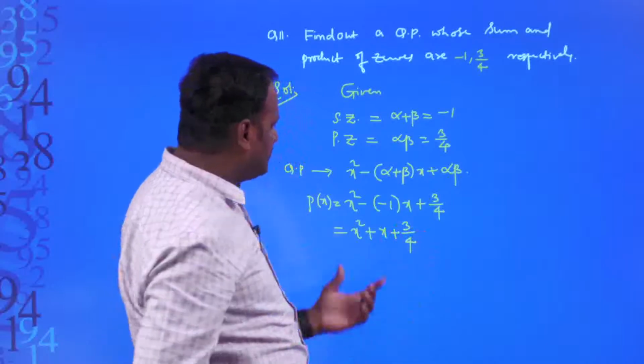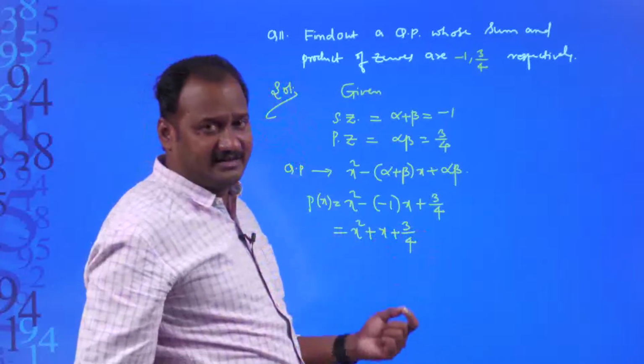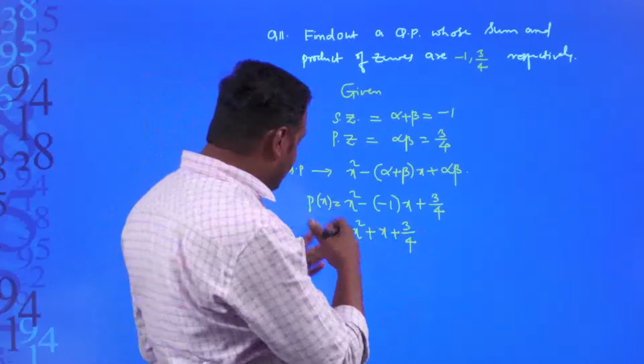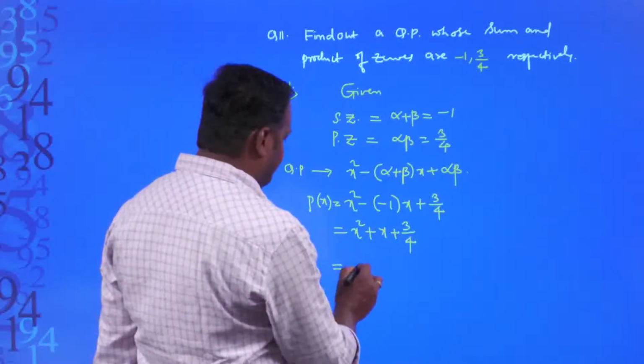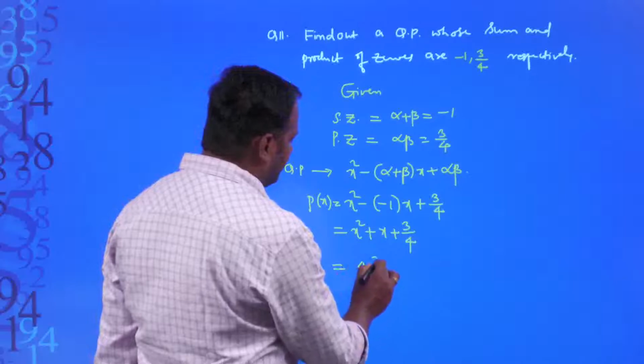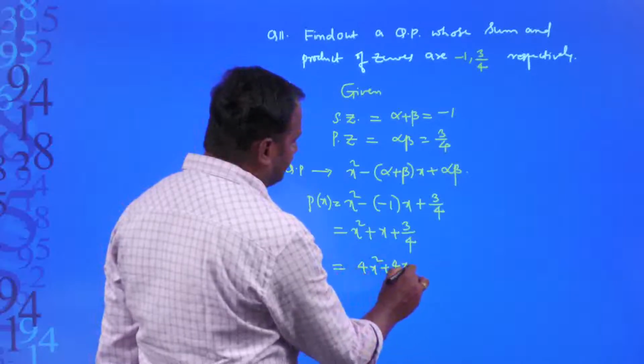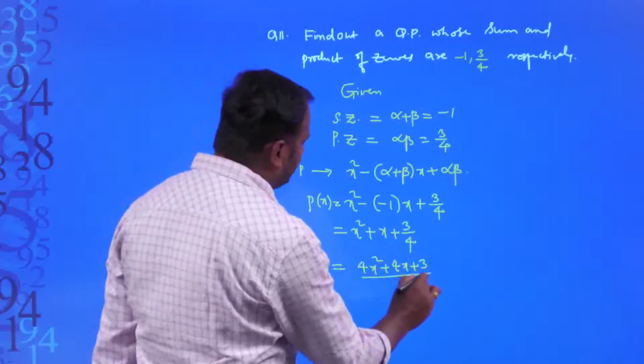Suppose you don't want fractions in the polynomial so obtained, then you take the LCM. Then it is going to be 4x square plus 4x plus 3 whole divided by 4.